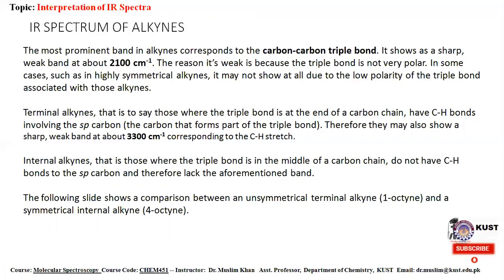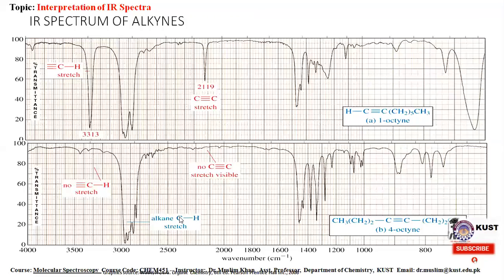The following slide shows a comparison between the unsymmetrical terminal alkyne 1-octyne and the symmetrical internal alkyne 4-octyne. Here you can see the carbon-carbon stretching.